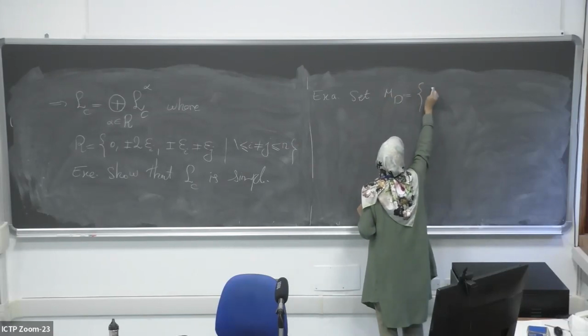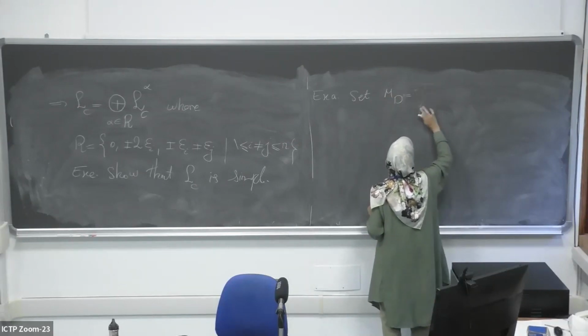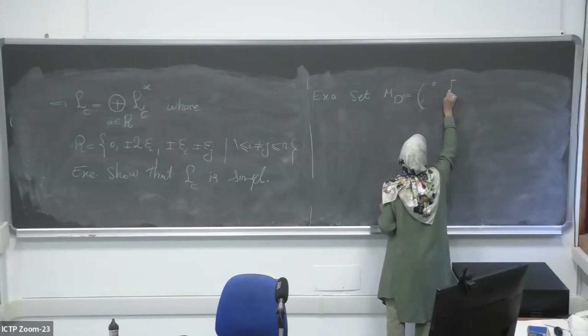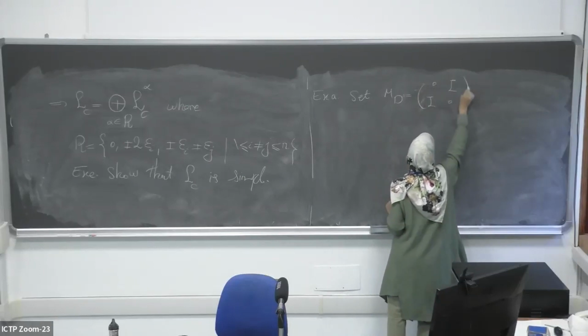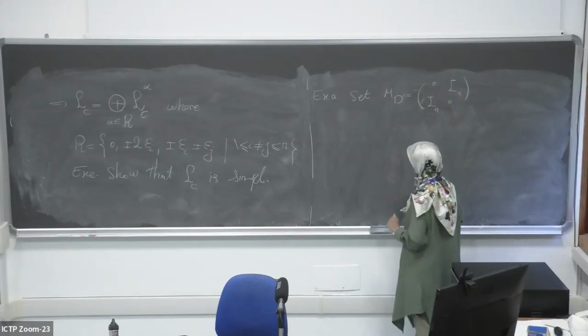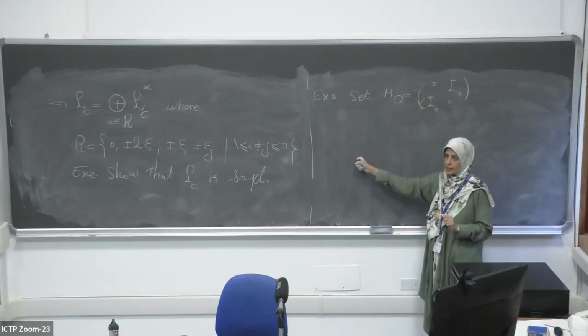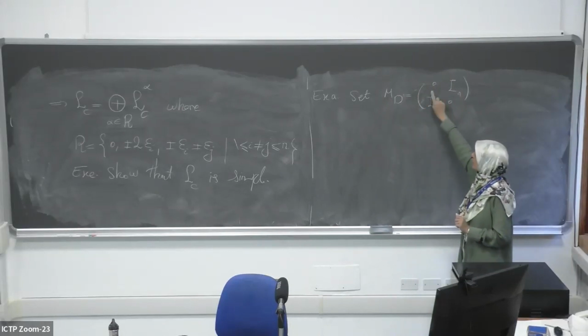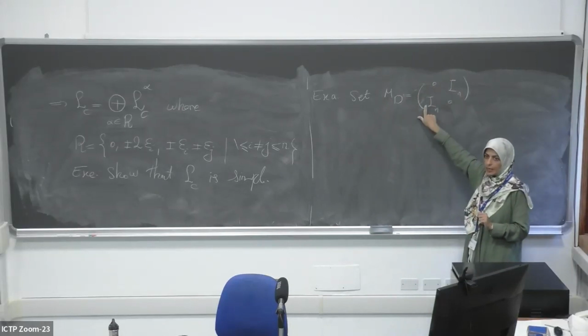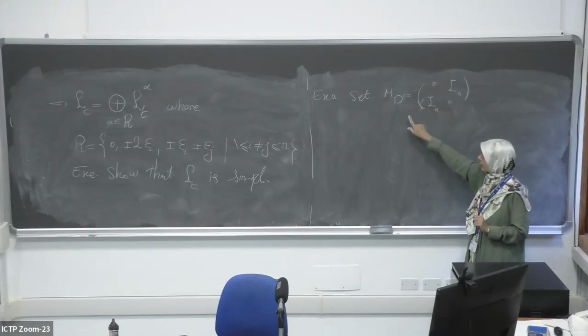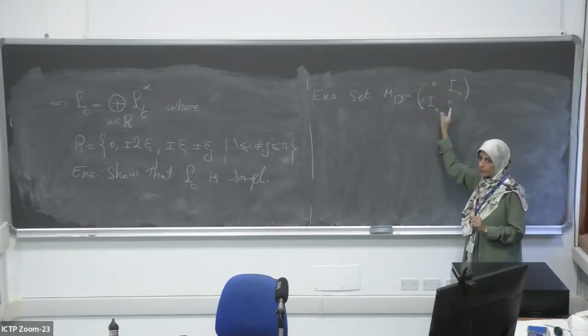Take M_D to be 0, I, I, 0. Look at your M_C. What was M_C? It was 0, I_n, minus I_n, 0. And here we have 0, I_n, I_n, 0.